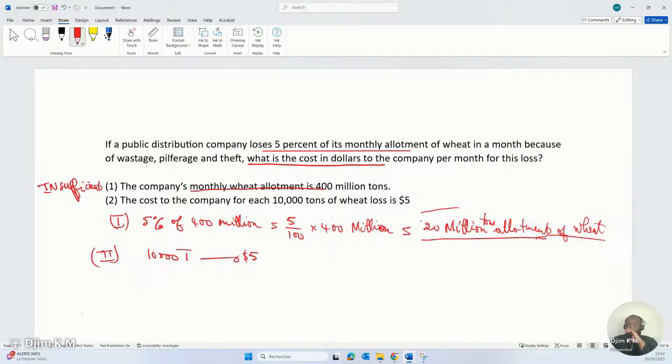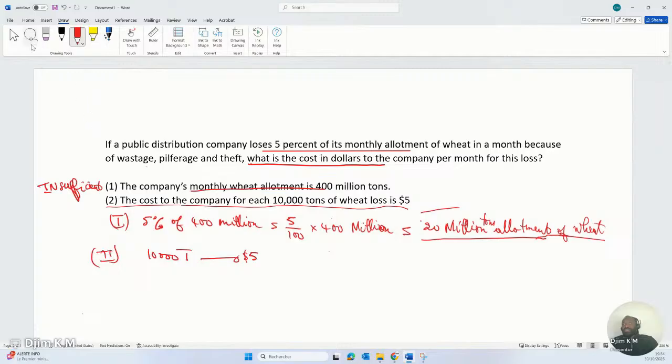But we don't know how much we have lost per month, because this second condition does not tell us the total of our monthly wheat allotment.